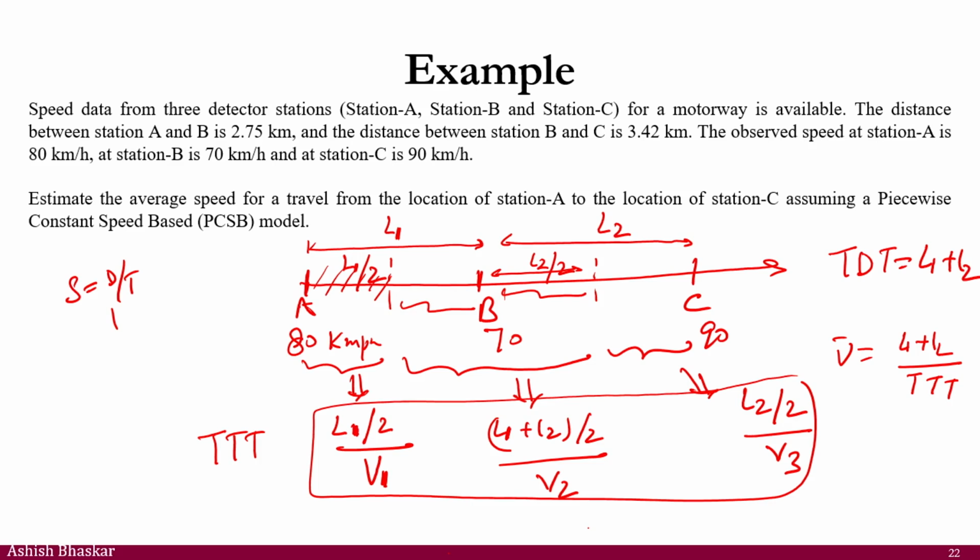In one sense it is a harmonic speed weighted by the distance, but you are finding the arithmetic speed weighted by the distance. This formula is what you apply for the piecewise constant speed based model when you have multiple detector locations, like the one I was showing you, and you generate the speed profile using this formula.